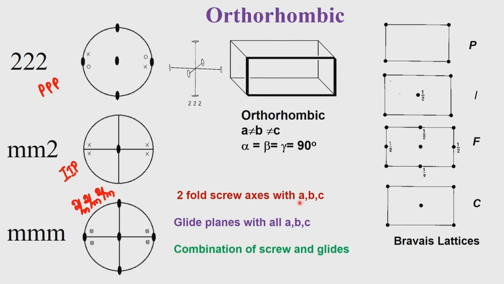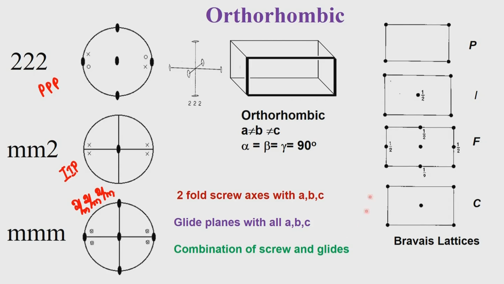So, point group symmetry as well as the lattice symmetry combinations therefore give us the space group, that you are very clear now. Now, we also have possibilities of two-fold screw axis. The two-fold screw axis now is with respect to A, with respect to B, with respect to C, and therefore, we can have glide planes with respect to all of A, B, C. We can also have combinations of screw axis and glides.